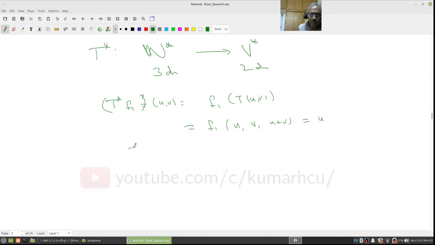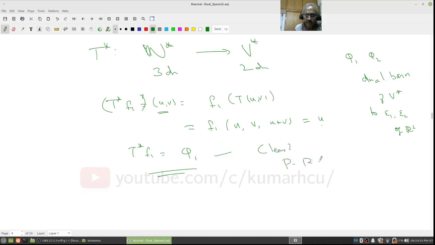Therefore T star of F1 acting on UV is, let me call phi 1, phi 2 the dual basis of V star, dual to epsilon 1, epsilon 2 of R2. Therefore this is nothing other than phi 1, because it takes the vector UV and projects onto the first vector. Clear?